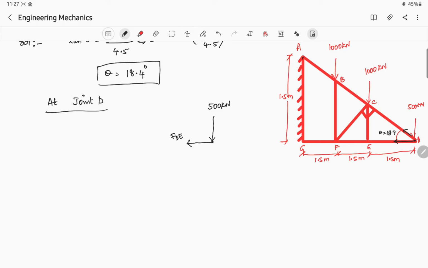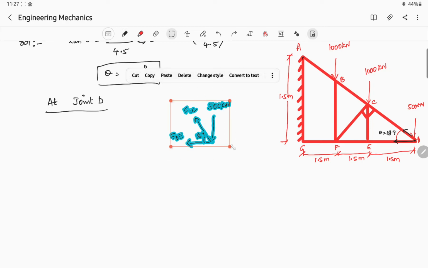We all know that, right? So this force is the force in member CD, and this angle is 18.4. Let me draw a bigger one, as it's looking very small.